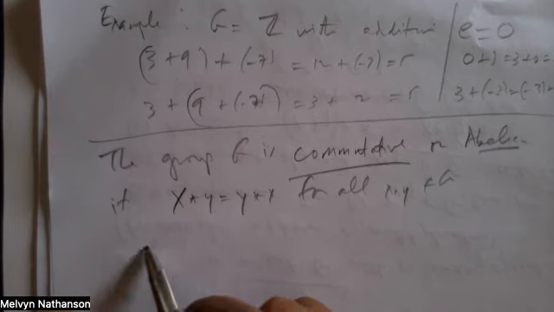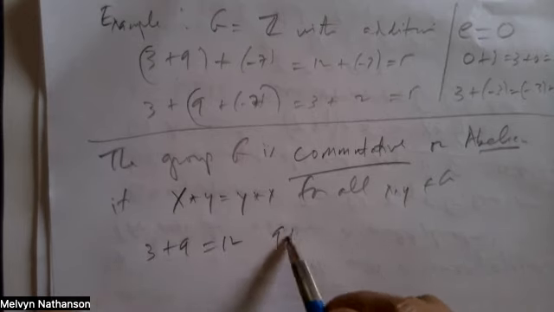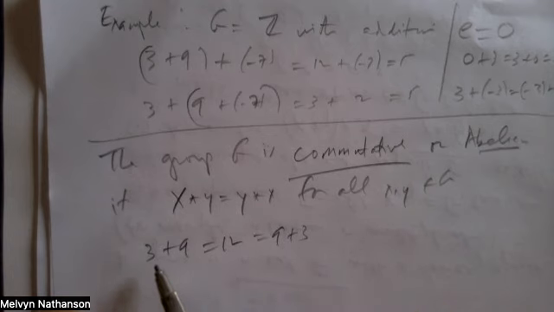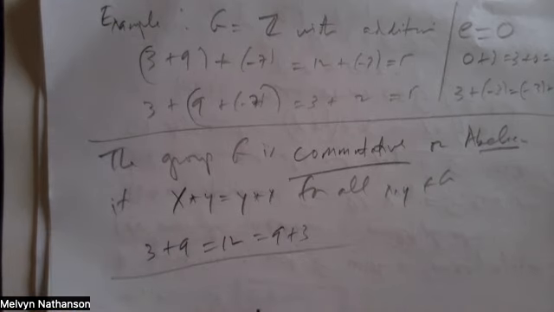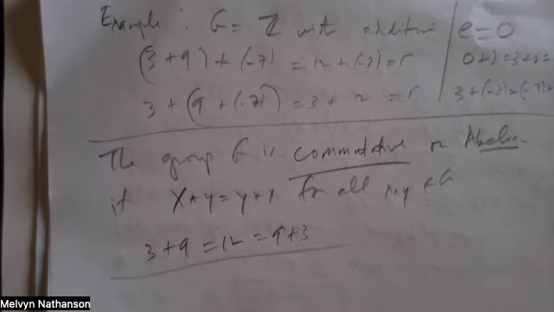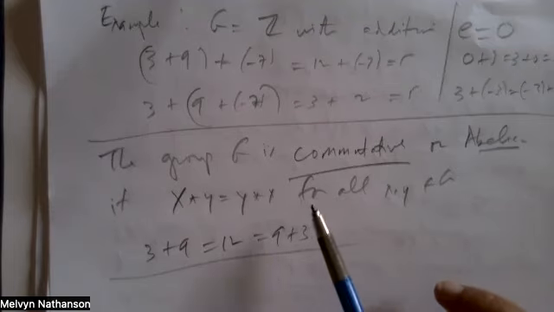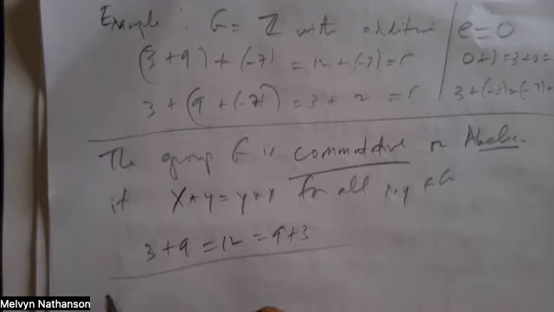For example, 3 plus 9 is 12, and 9 plus 3 is also 12. That's not always the case in groups. If you multiply 2 by 2 matrices, say matrices with determinant 1, that's an example of a multiplicative group, but it's not commutative.